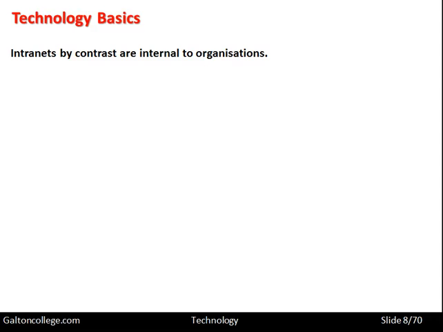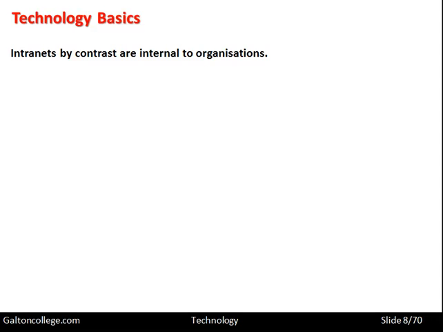Intranets, by contrast, are internal to the organizations. So an intranet is like a local internet. An intranet is inside the organization. It's got its own server, it's got its own links. But it doesn't have to have a connection to the internet.